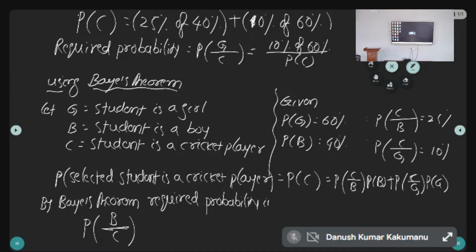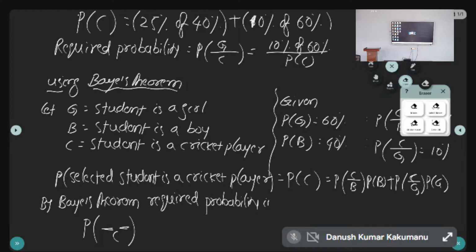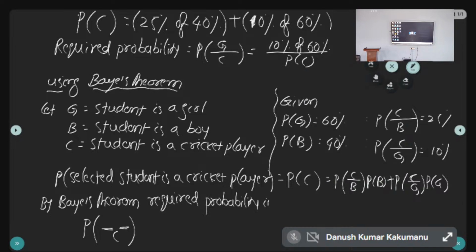Girl, P of G by C. Denominator P of C. Numerator P of C by G into P of G. Okay. If you follow notations, you have to do it like this. This is the complete Bayes theorem application.